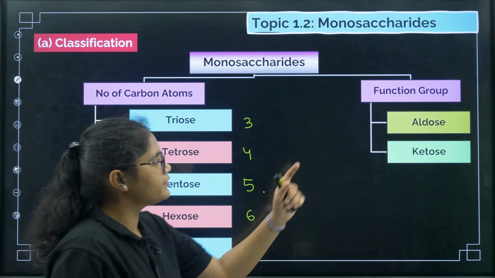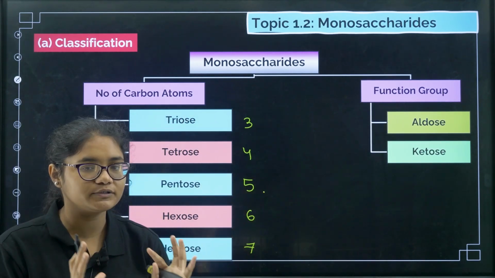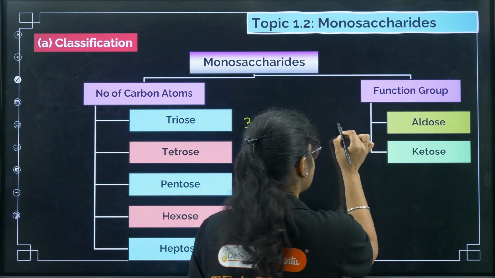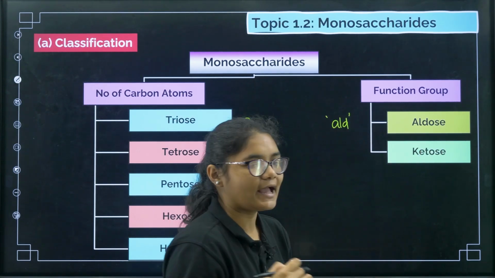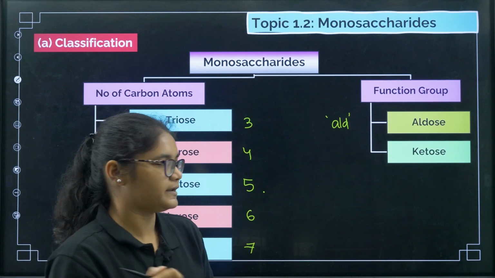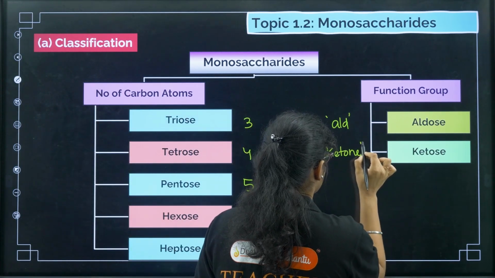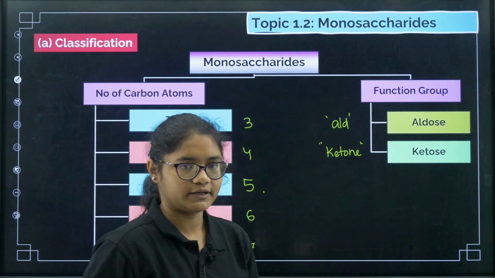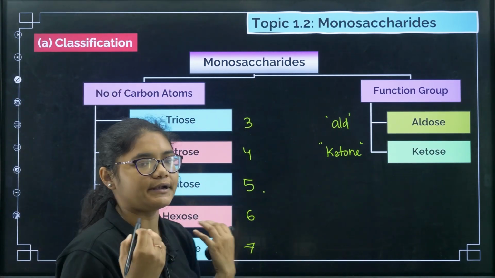Okay, and on the basis of functional group, if the monosaccharides have aldehyde functional group, then we call it aldose. If the monosaccharide has ketone functional group, then we call it ketose. Clear? If the monosaccharide has aldehyde functional group, then we call it aldose.